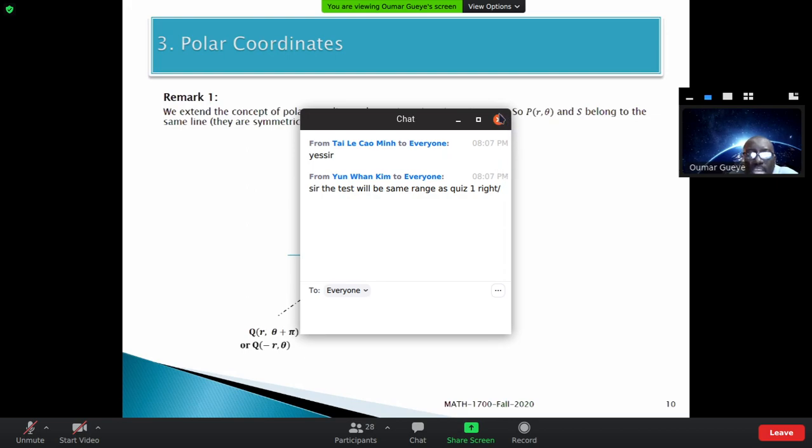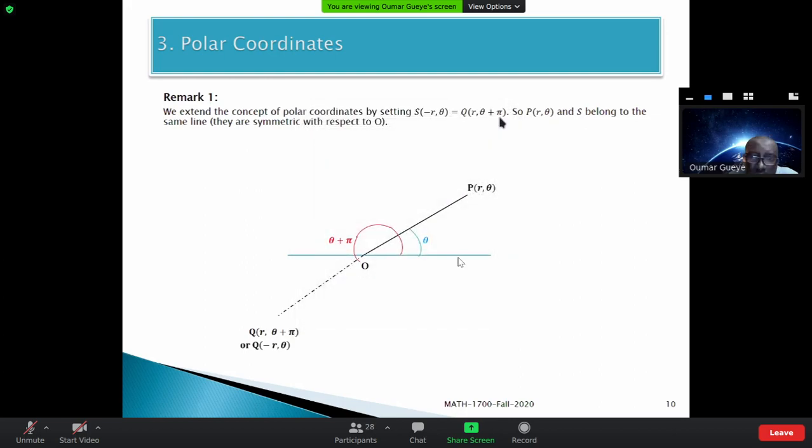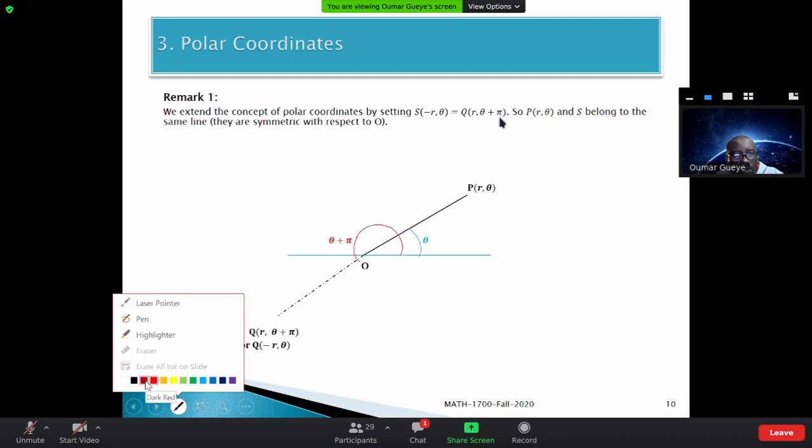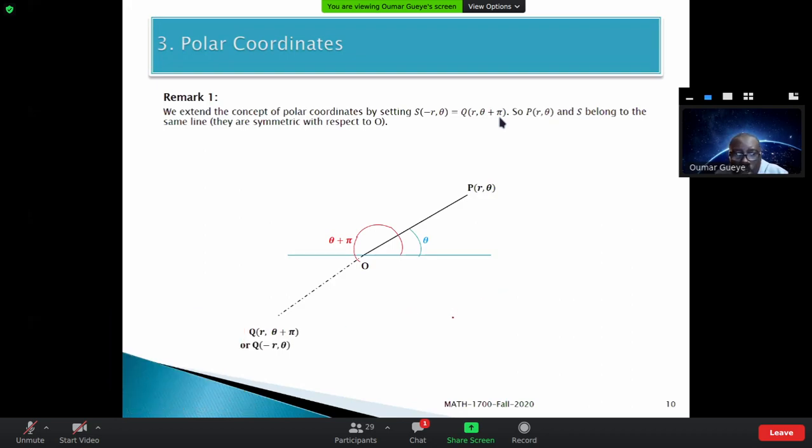I'm just going to give you another example now with values of r and theta. Let's suppose you want to get this point.